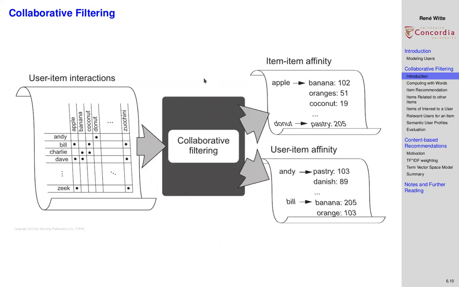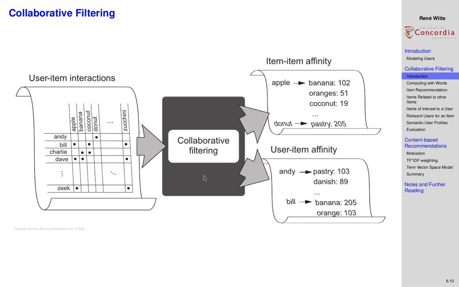So what's behind collaborative filtering is that we have items. In this case here, it's not movies, it's fruit. So we have all kinds of fruit and we have all our users. And then remember, the users and the items interact with each other in some way. Interaction can be anything: watching a video, listening to a song, liking something, buying something. For now, it doesn't really matter. So that's an interaction.